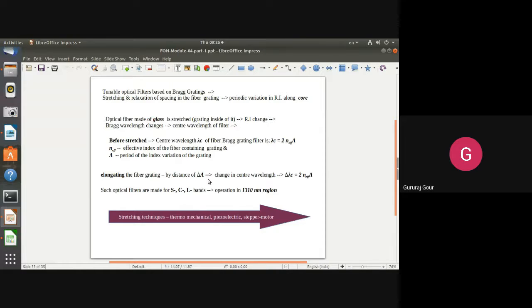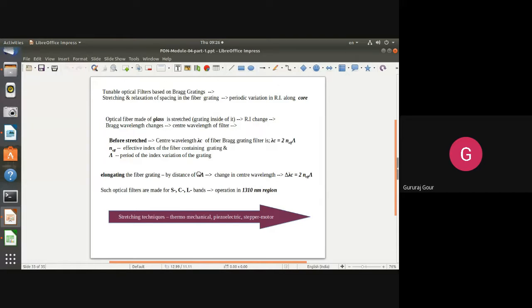After elongating by a distance of delta zeta, that results in a change in the center wavelength, delta lambda c. Such optical filters are going to operate in the C and L bands over a 13 and 10 nanometer region. Stretching techniques again are either thermoelectric or mechanical, piezoelectric, or you can also achieve it using a stepper motor.